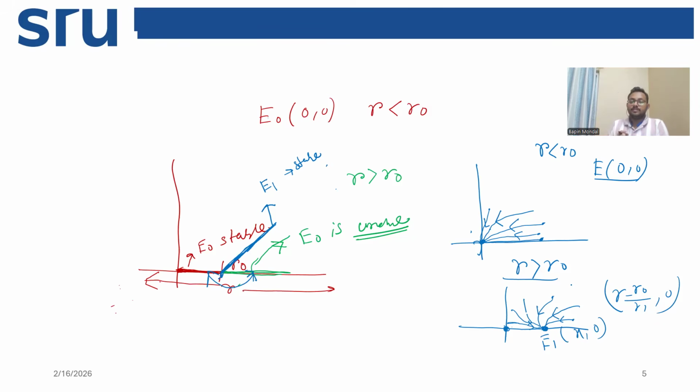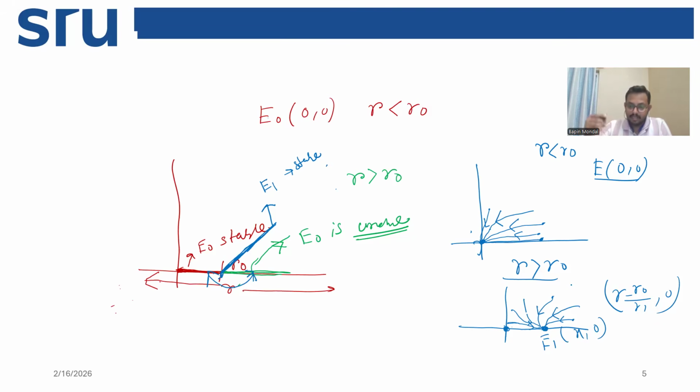Here is the biological implication: when the growth rate of the prey is low, both populations go to extinction. When the growth rate increases past the critical value R0, the prey population can survive. This is the biological implication of transcritical bifurcation.